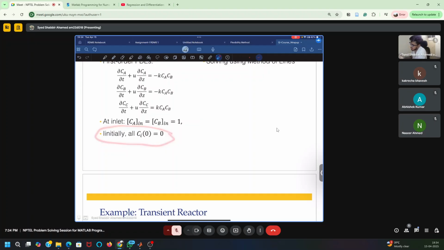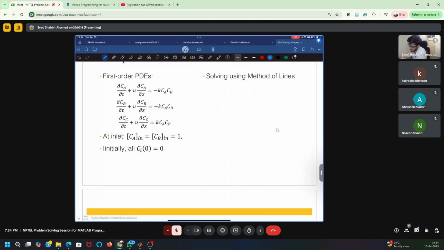And what we can do here is convert this, let's say at some point I, ∂C/∂t at Z equals Z_i.